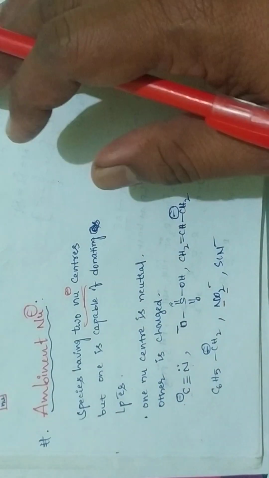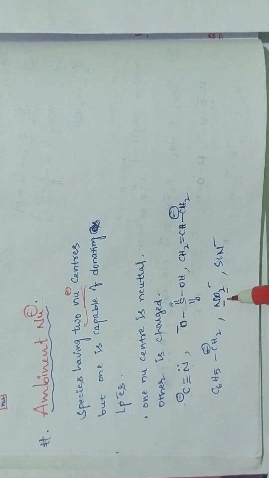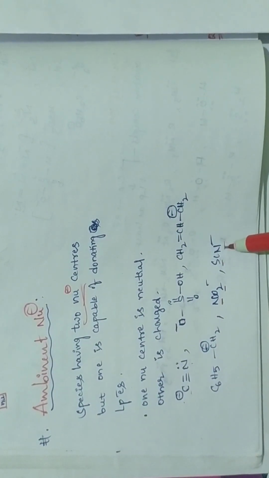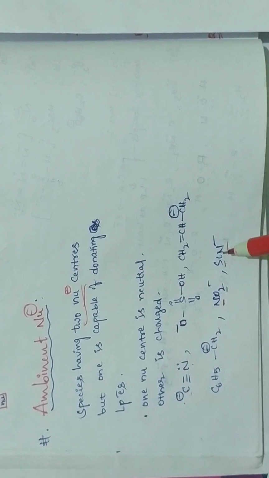Here nitrogen can donate electrons, or oxygen can donate the electrons. Two donor sites. Sulfur can donate, or nitrogen can donate. Two donor sites, but only one is capable of donating the electrons. This is the overall information about nucleophiles.